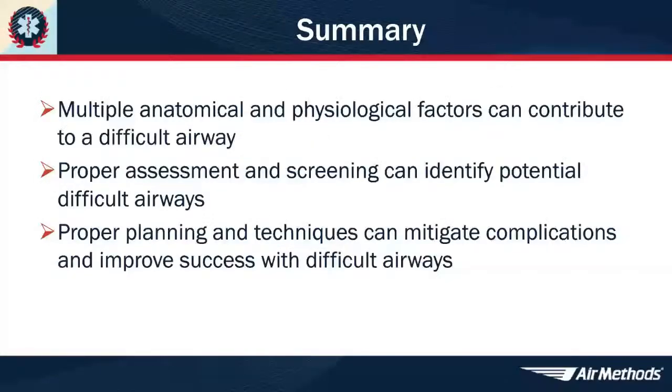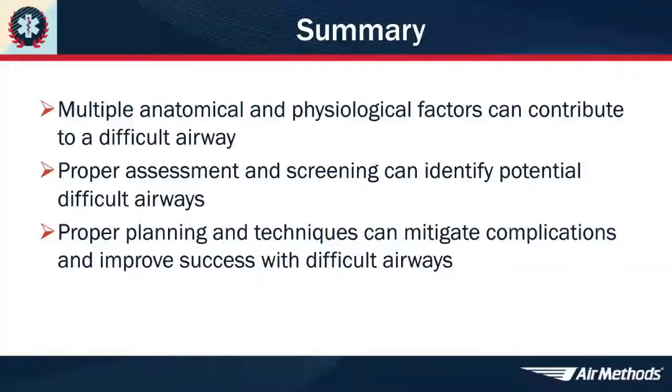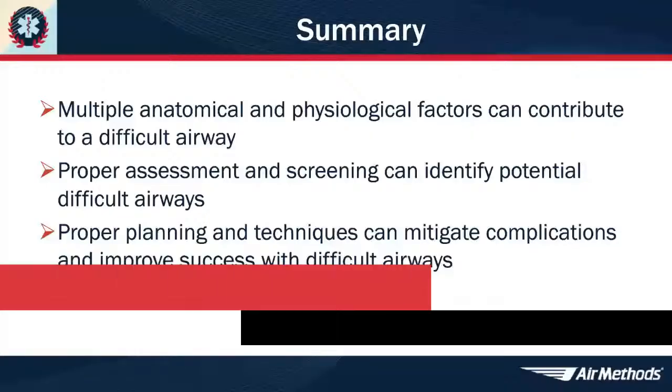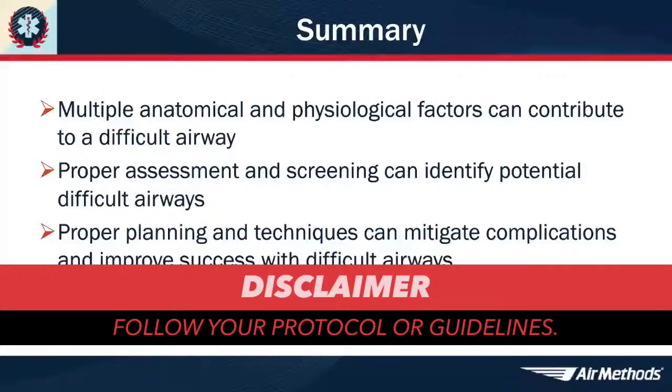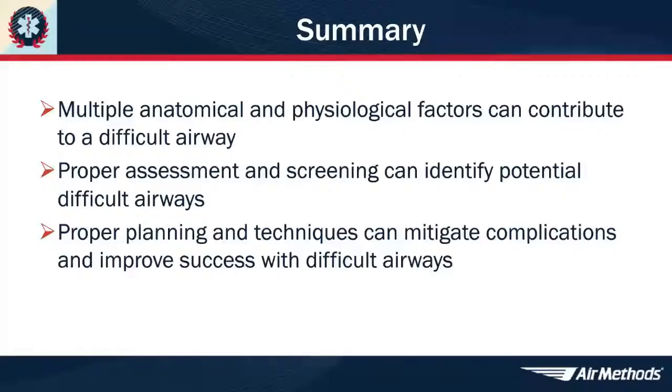So, in summary, there are multiple anatomical and physiological factors that can make an airway difficult, and you just have to be thinking about what's going on with that patient. If it's a burn patient, I'm probably going to see swollen, burned anatomy, right? Burn patients can be some of the most difficult patients to intubate because not only is everything swollen, but it's burned and black and charred, and you may not be able to see vocal cords at all.